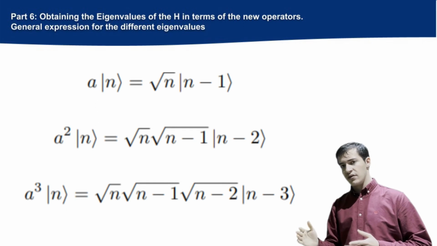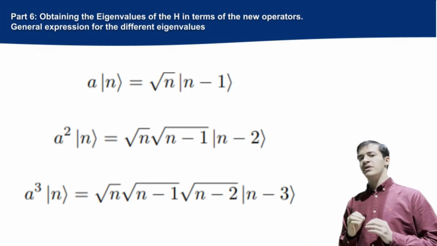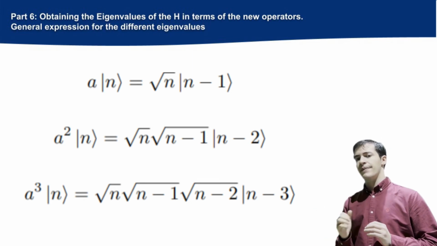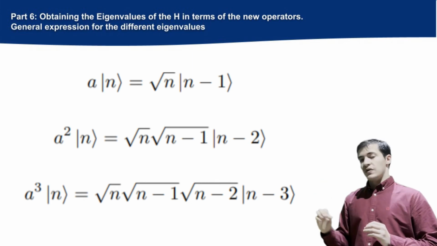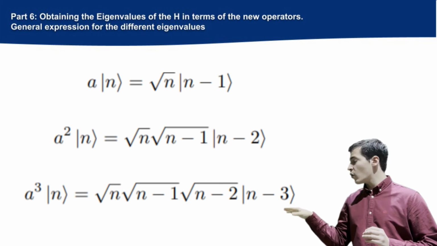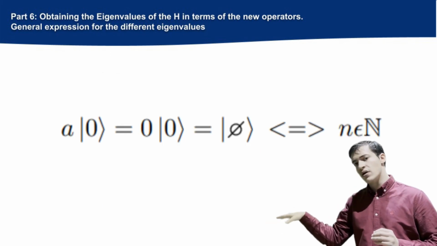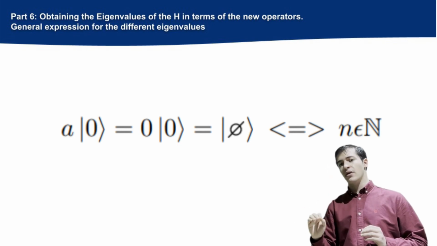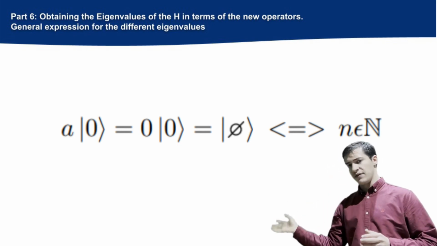And to avoid that, we determine that n must be a natural number, in order that at a certain point we will have a 0 somewhere, and it will truncate the whole expression, avoiding those negative values.